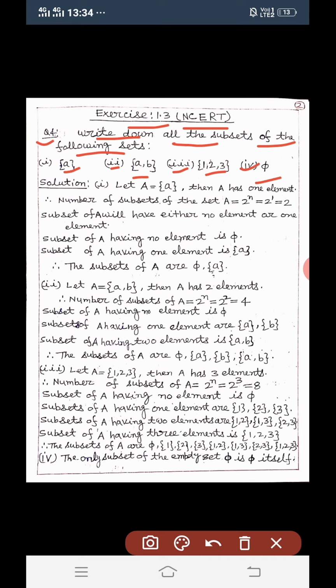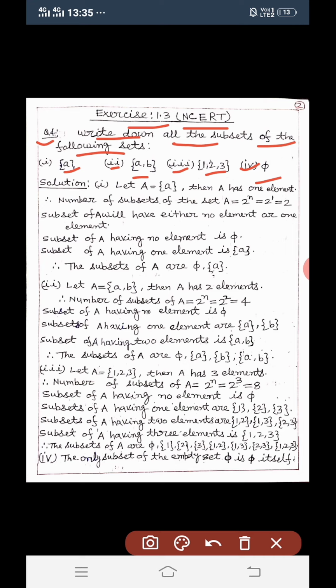Dear students, we know that if A is a set with number of elements in set A equal to m, then A has 2 to the power m subsets, and therefore the power set of A has 2 to the power m elements, that is n of P(A) is equal to 2 to the power m.